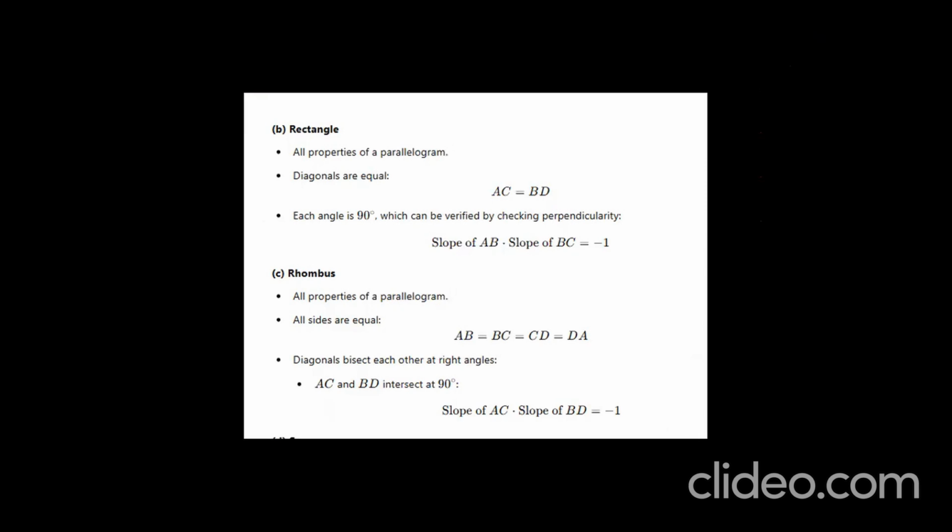And next, you go for the rhombus. All properties of the parallelogram are satisfied. Rhombus is a parallelogram, no doubt, and all sides are equal. That is, AB is equal to BC equal to CD equal to DA.